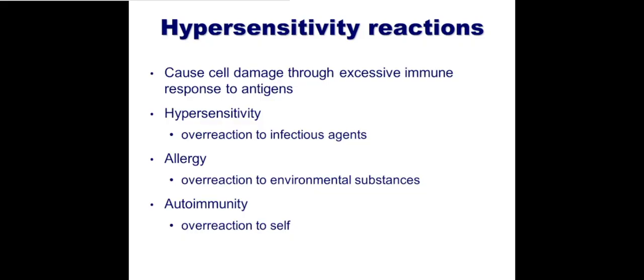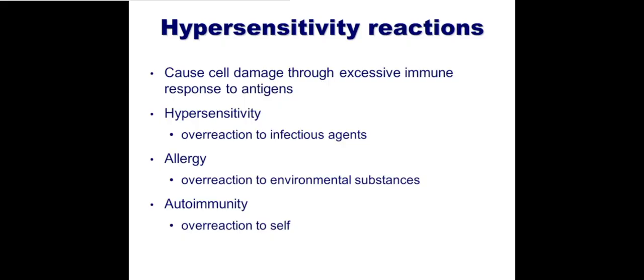Hypersensitivity reaction. Hypersensitivity acts when an allergy takes place. When our body overreacts to an infection, that is known as hypersensitivity. It causes cell damage through excessive immune response to antigen.